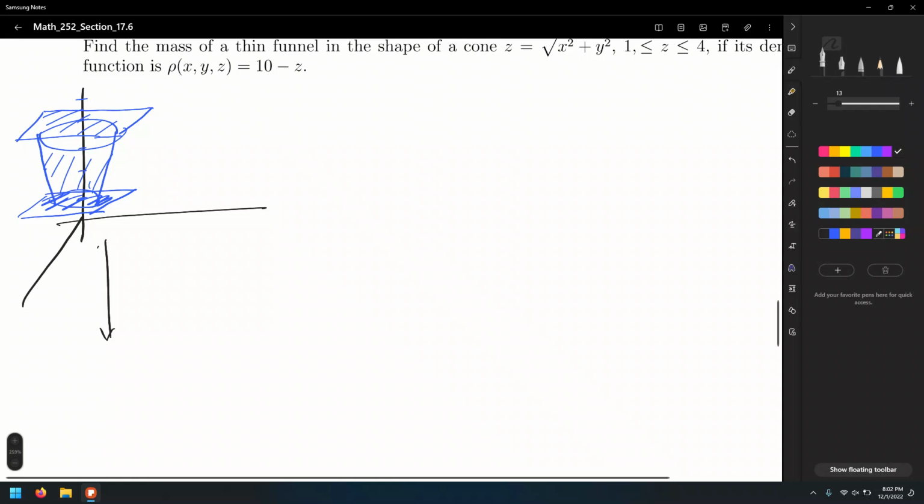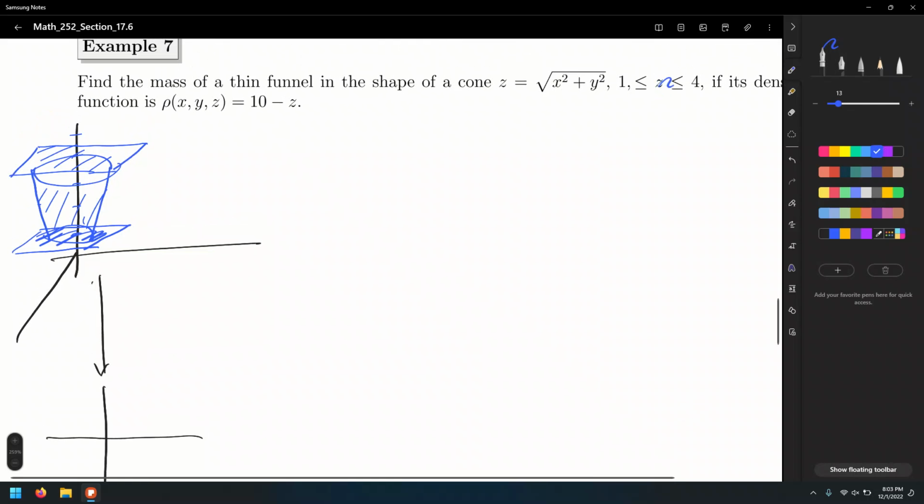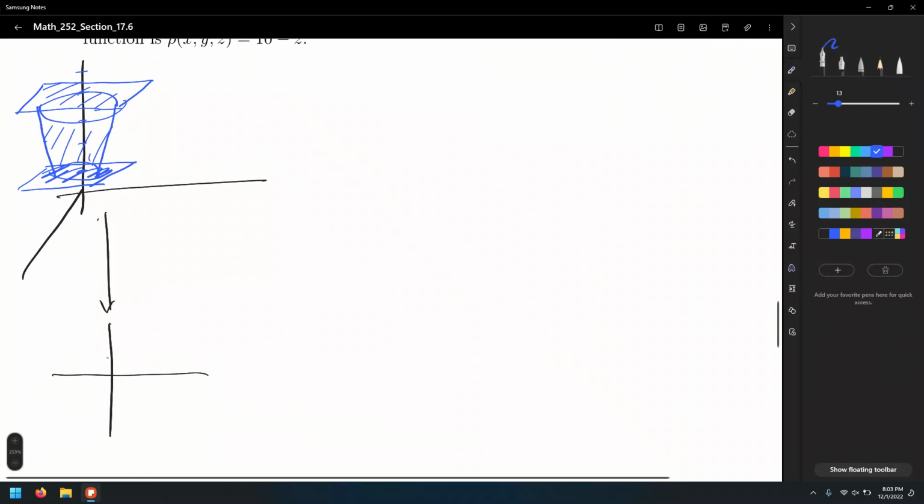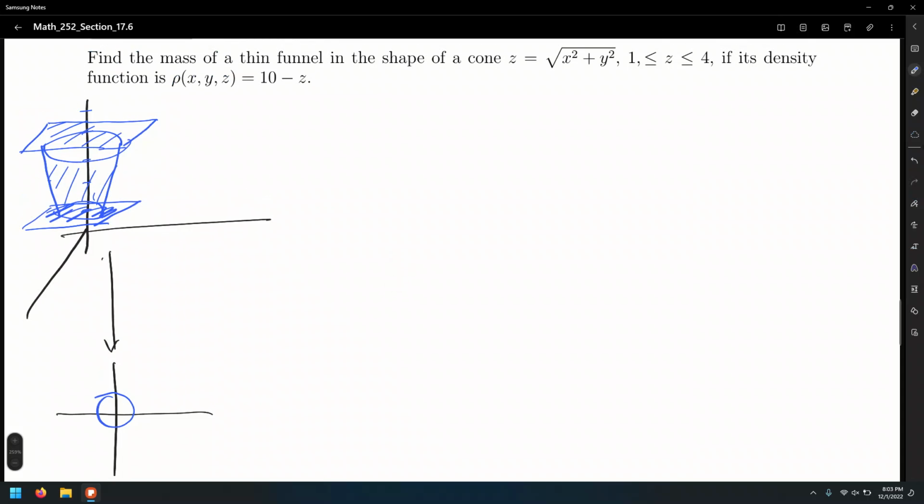In this case, this unit circle, because that's z equals 1, and then a circle of radius 4, which is going to look like this. So that's our projection here, and let me shade the projection.